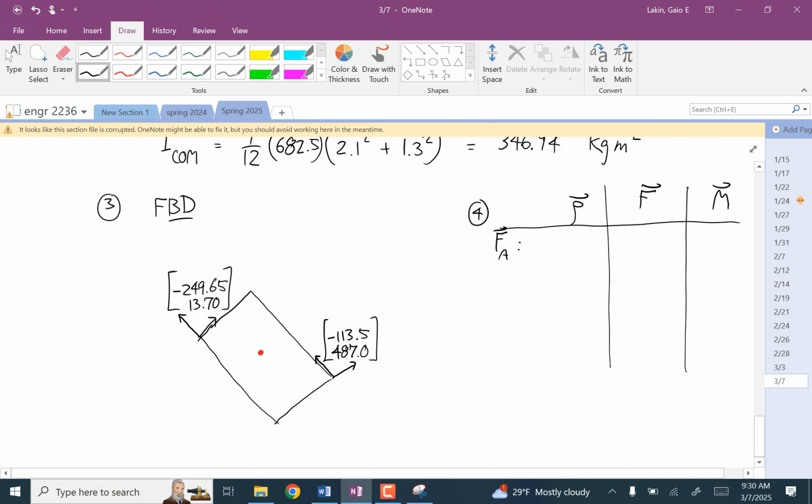So that is negative 0.65, positive 1.05. The force vector is negative 249.65, 13.70.